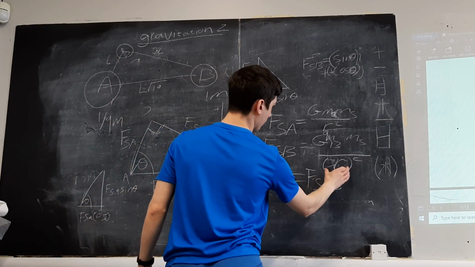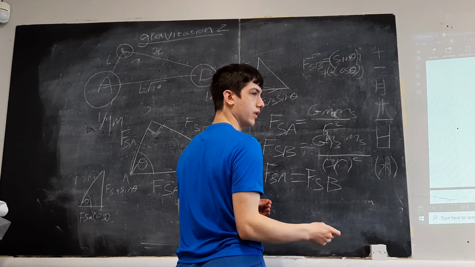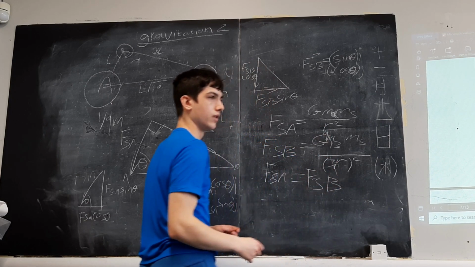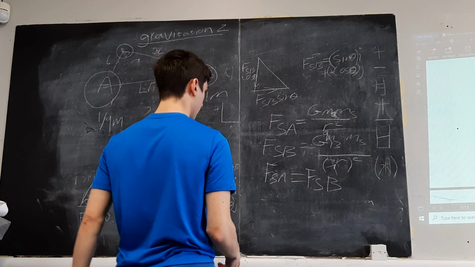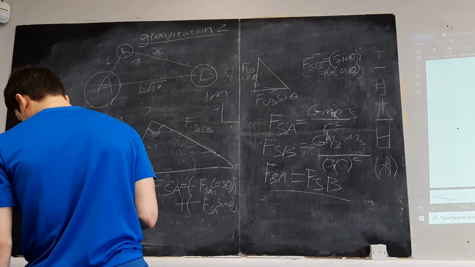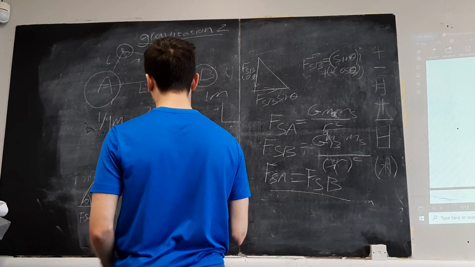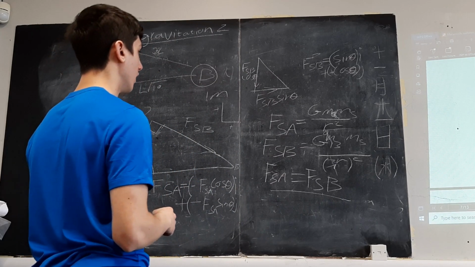And because the distance is squared, that becomes 9r squared. Then they just cancel out. So then they're equivalent.